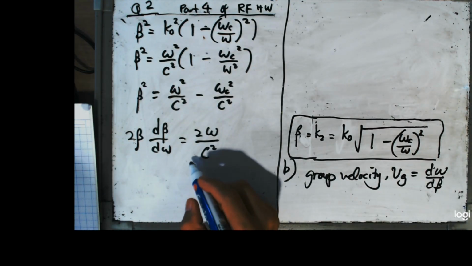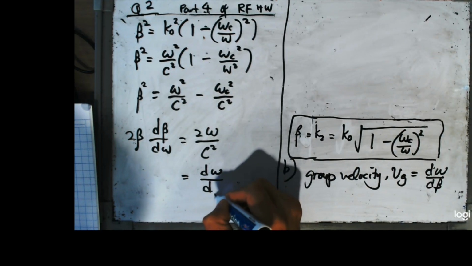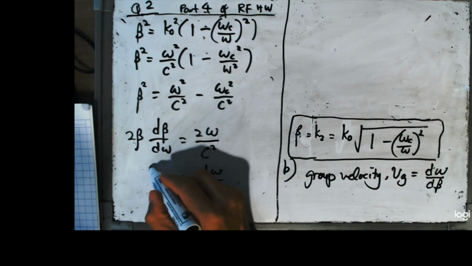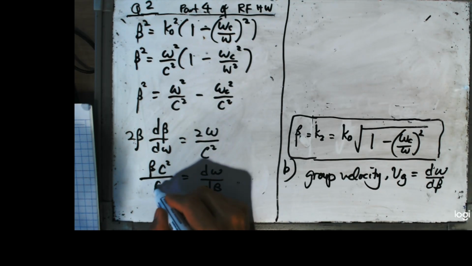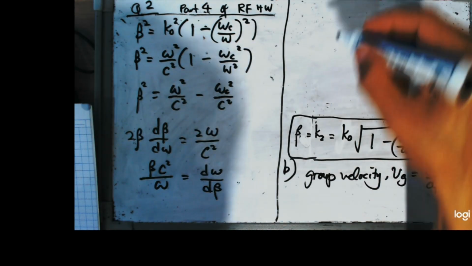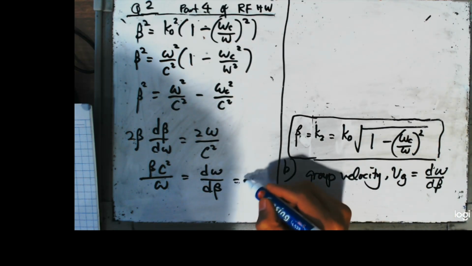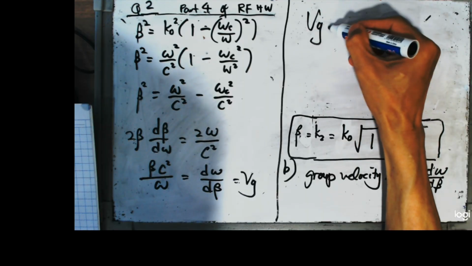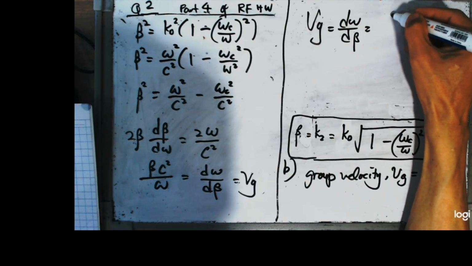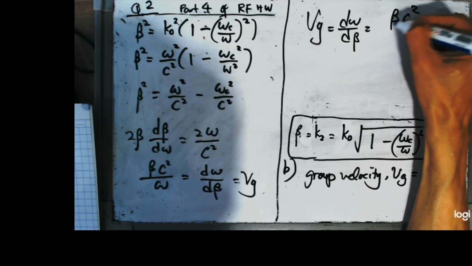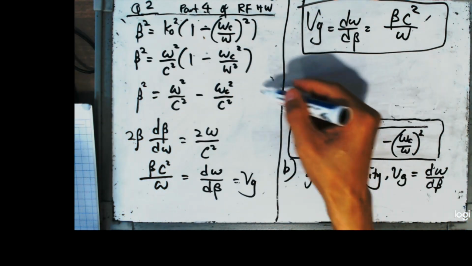As a result, with a little bit of rearrangement, the 2s cancel out, and the group velocity, as initially defined, is like this. So this is part B of the question.